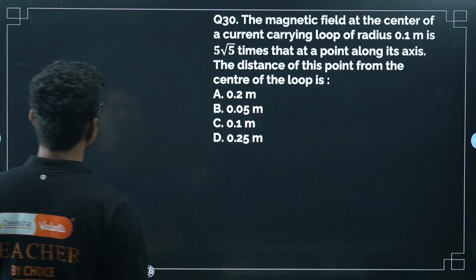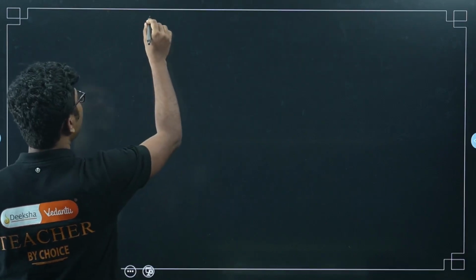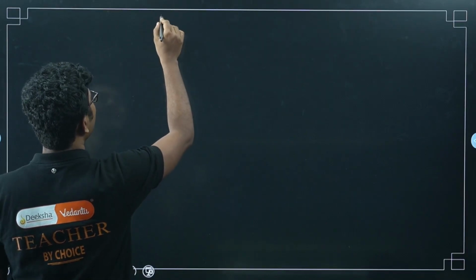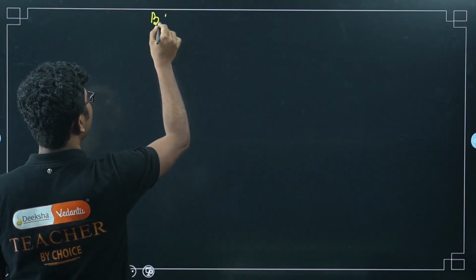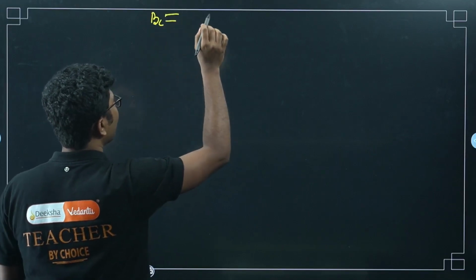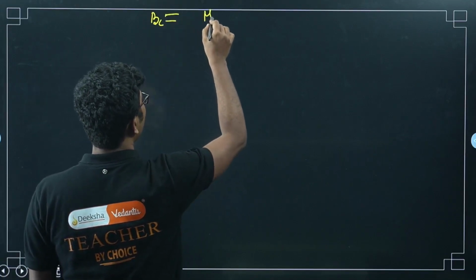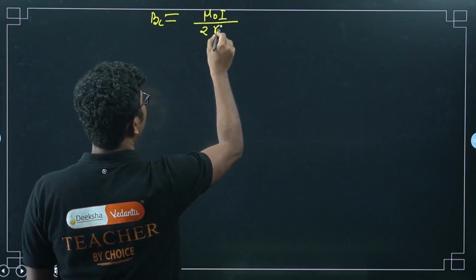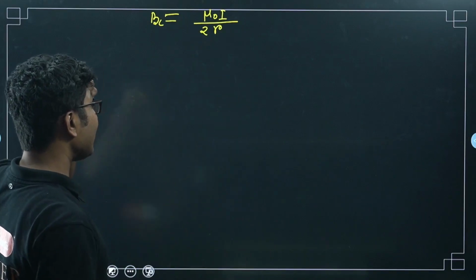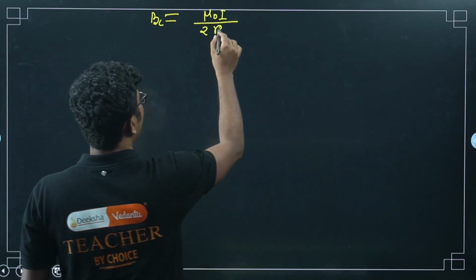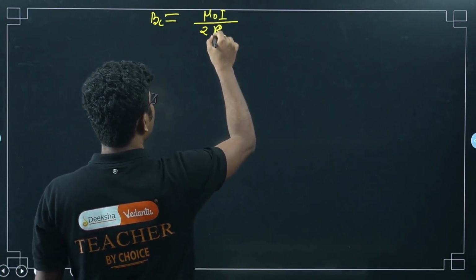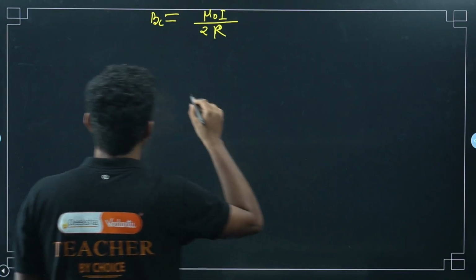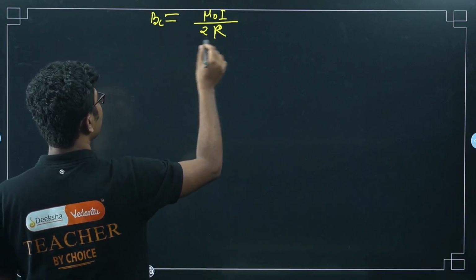So, very interesting question. We know that the magnetic field at the center of the coil is given by mu naught I by 2R. I have used this formula many times today, so this formula is very important. Right, this is the magnetic field at the center. I have used capital R, sometimes small r, but let me use capital R for this problem.